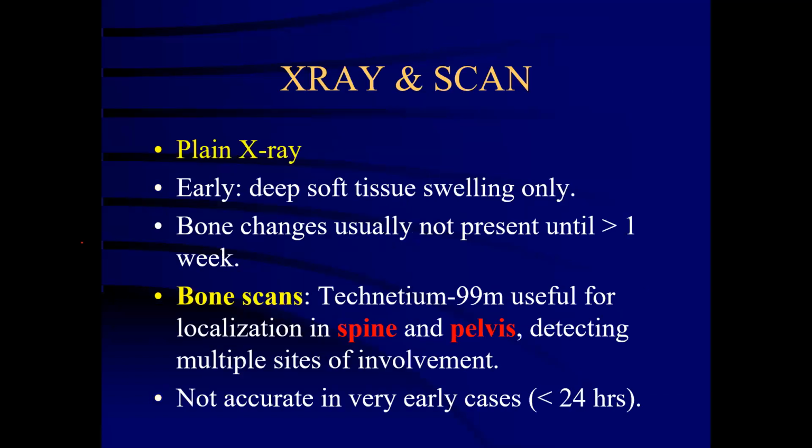On plain X-ray, there was early deep soft tissue swelling in the majority. Bone changes usually are not present until 1 week following the infection. We spoke about this. Bone scans were used to rule out infections in the spine and pelvis.